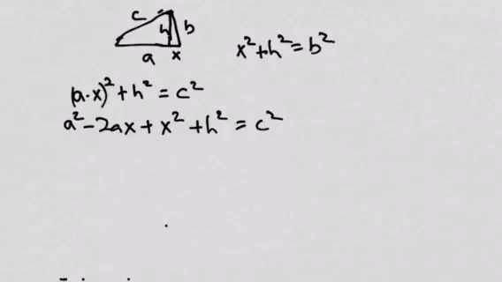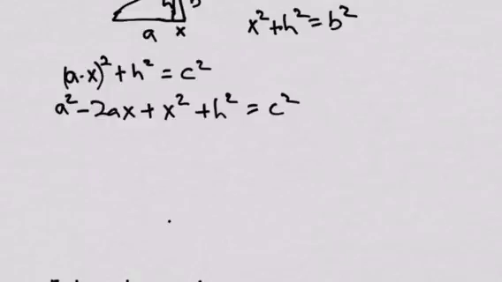One of the things I'm trying to do is get rid of x. X and h are arbitrary unknowns that we've introduced into this problem from the original statement.